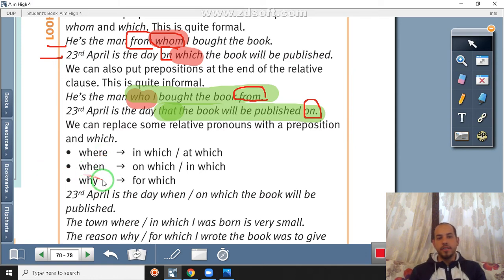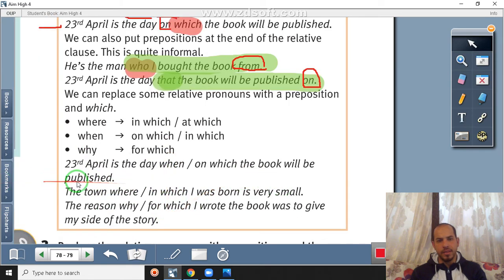The relative pronoun when could be replaced by on which or in which. And the relative pronoun why can be replaced by for which. When you read this example, 23rd April is the day. The day is a time. So I have to use the relative pronoun when. Or you can replace when with on which.